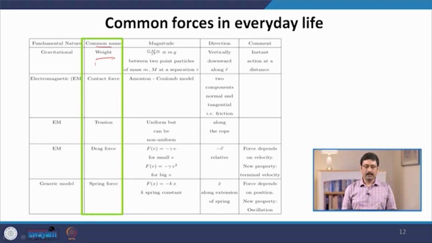The magnitude is given by the mass of an object times the strength of the gravitational field at the location of the object, small g, which you can calculate using Newton's formula for universal gravitation. This force is directed towards the center of the earth, so on the surface of the earth it is vertically downward along the radius towards the center.